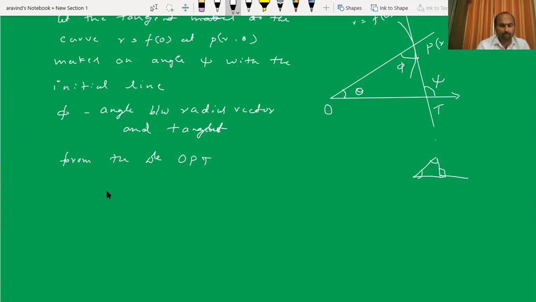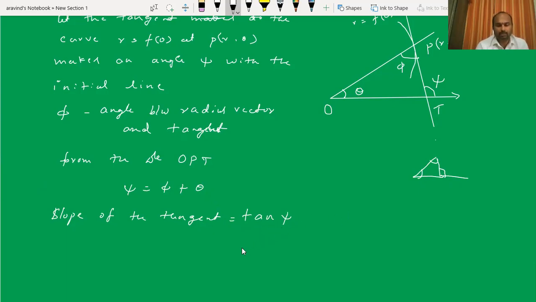So therefore from the triangle, psi is equal to phi plus theta. So we know that the slope of the tangent is equal to tan psi, because psi is the angle made by the tangent with the initial line.